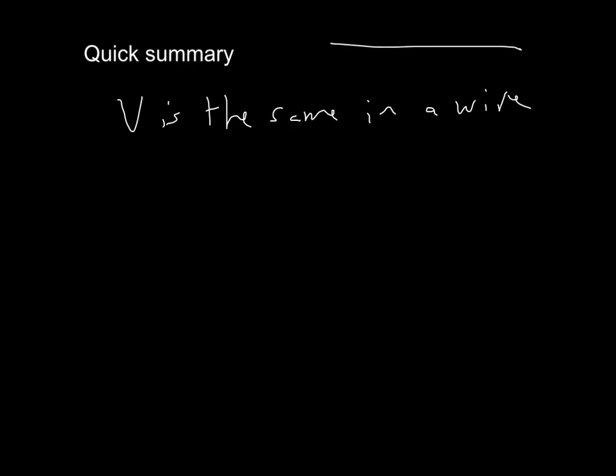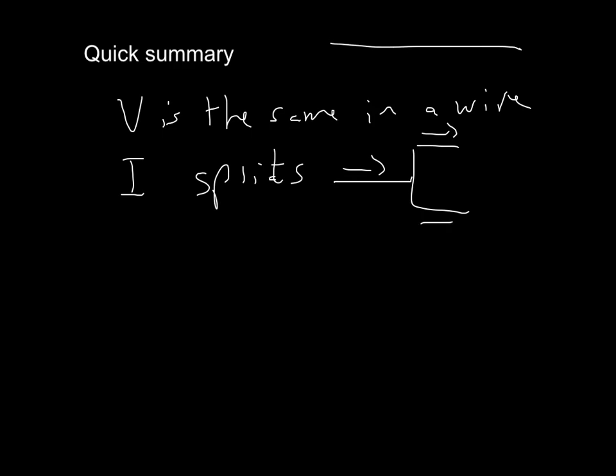Alright, so a quick summary of what you should remember from today. First, V is the same in a wire. So every point on a wire has the same potential. Second thing, I splits, which means that the current coming in is equal to the sum of the currents coming out.